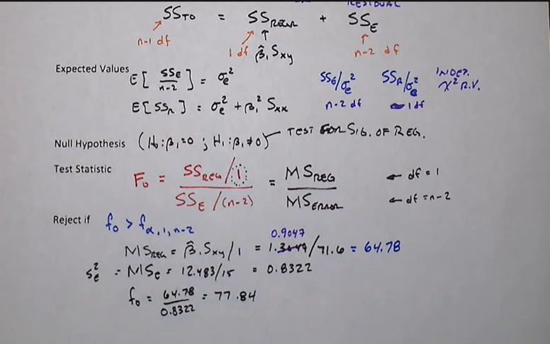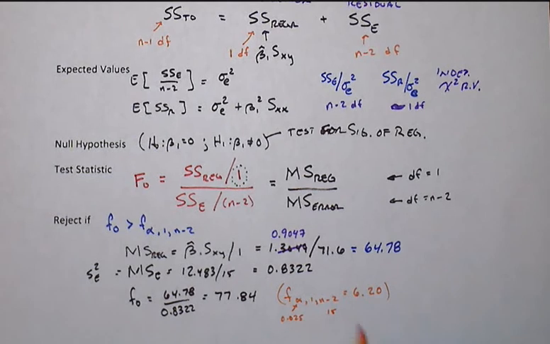Then we go look up if we're going to do a 5% two-sided, then that would be, remember, F alpha 1 comma n minus 2. So if it's two-sided, 95%, so 0.025, right, and then that would be 1, and that would be 15. That number, when we go look it up, is 6.20.